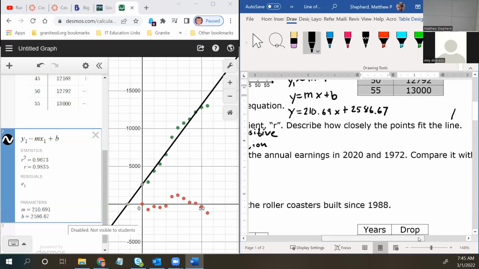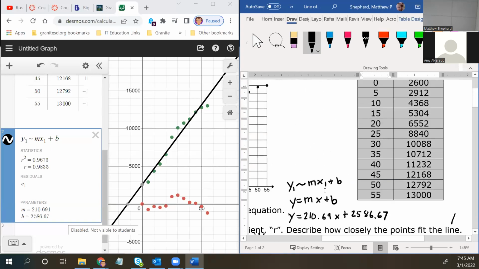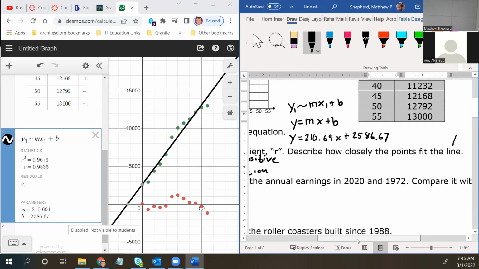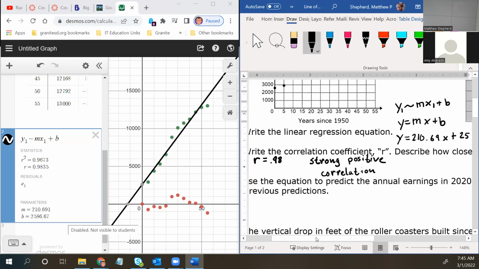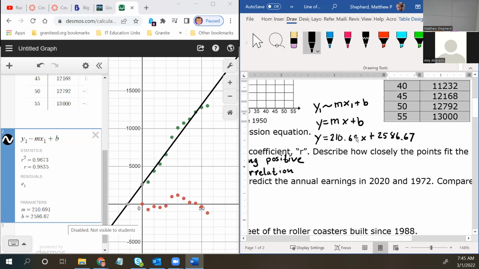As far as 1972, I'm not so much worried about that as making sure you understand that the purpose of this equation that we've written above is for us to be able to make predictions, to use the information that we've found to predict what annual income would be going forward in the future.